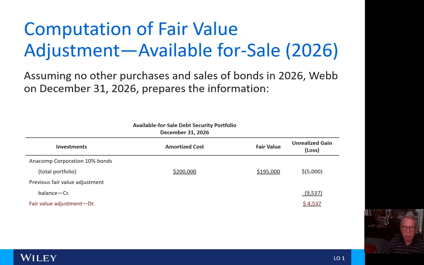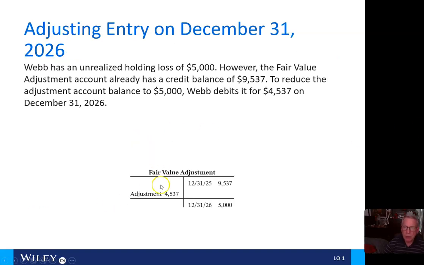for that difference. And you can see from this T account here, initially we had the $9,537 credit for that. We made an adjustment of $4,537, which takes the balance in the fair value adjustment account down to $5,000.